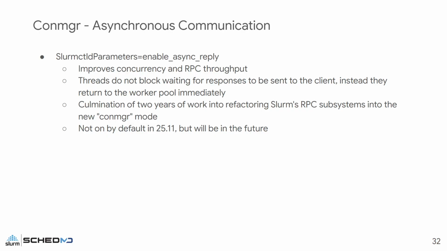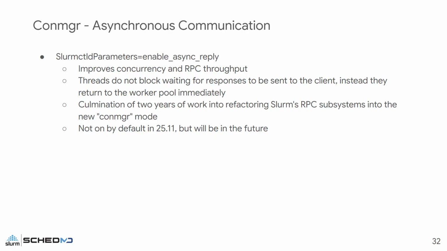This option is intended to improve concurrency, and it does improve the RPC throughput in our testing. Rather than individual threads within the Slurm controller being blocked waiting for a response to make it all the way to the client command, the response is sent, and the Linux kernel worries about getting that shoved over the wire.